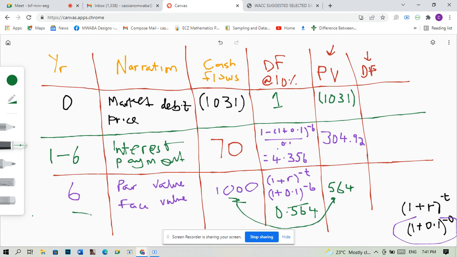Now what we're going to do next is total up our present values.